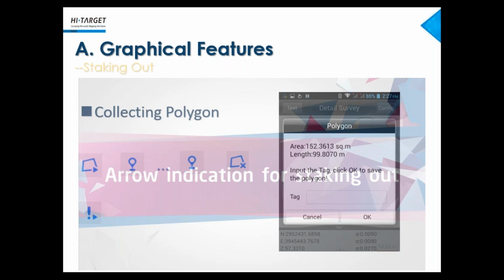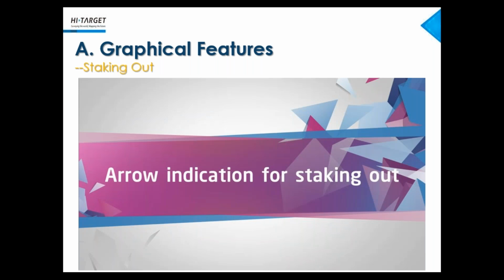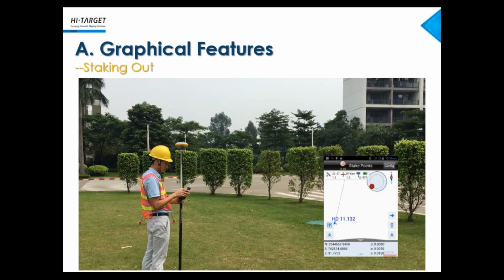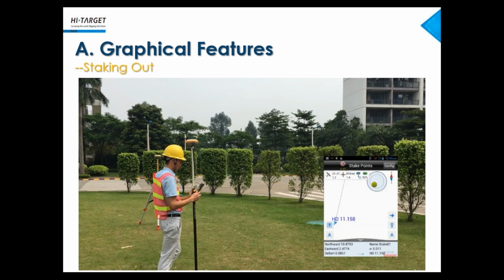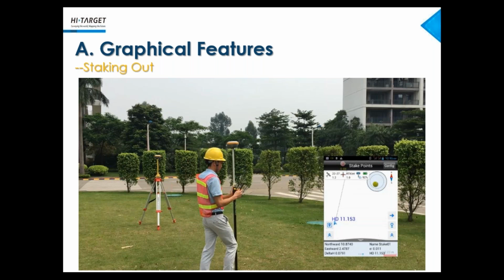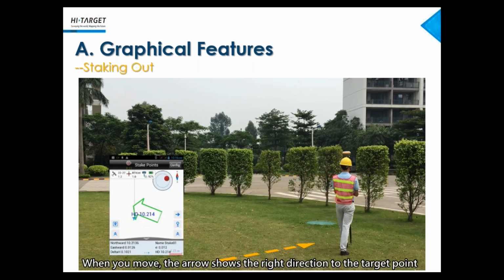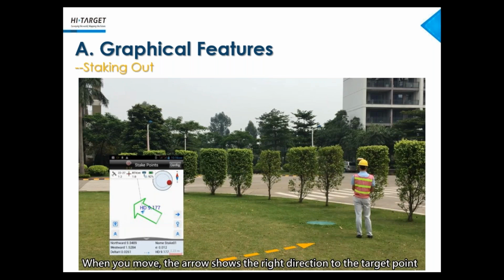After that, there's also a stakeout feature for our users, because we have an arrow for the stakeout. As you can see from the screen, when this guy started to stake out, the arrow shows the right direction to the target points. When it is green, it means you are approximately in the right direction. If it is yellow or red, it means you are in the wrong direction.